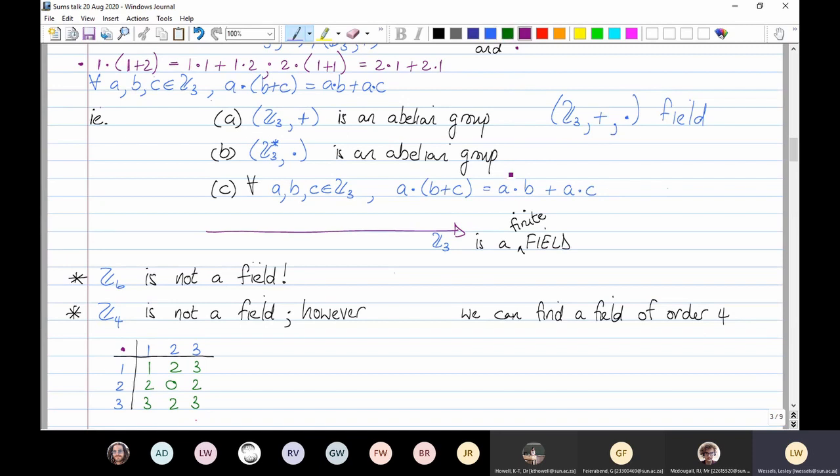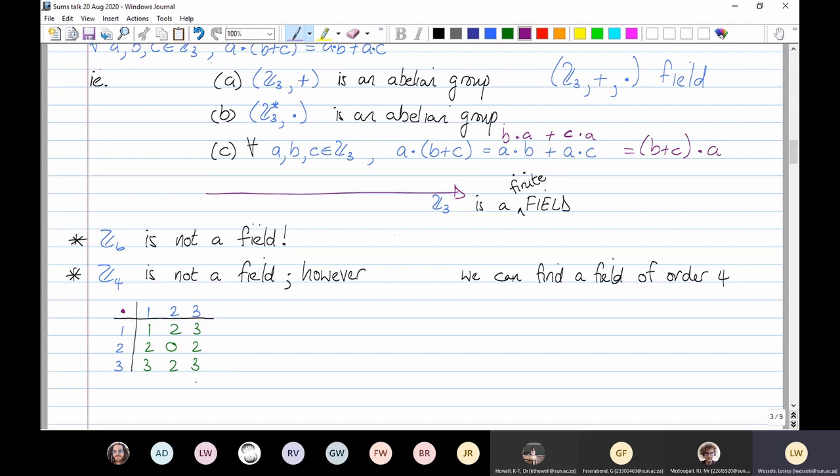But remember, because my non-zero elements are commutative, I can also write C times A, which means this is going to be equal to (B plus C) times A. So you do have both distributive laws.